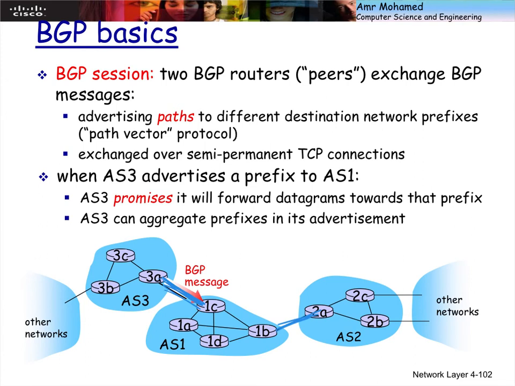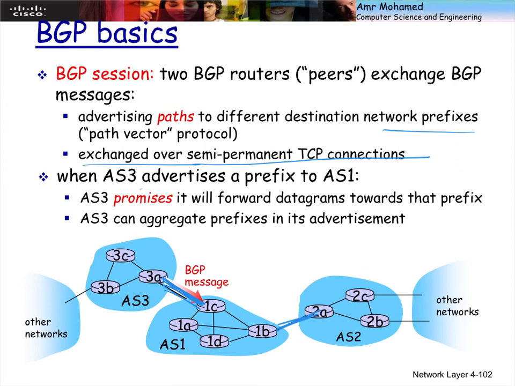So that's the only example where TCP is used to report, not the internal route updates, but the external path reachability information for inter-domain communication. So advertising paths to different destination network prefixes is exchanged over semi-permanent TCP connections, as we said.